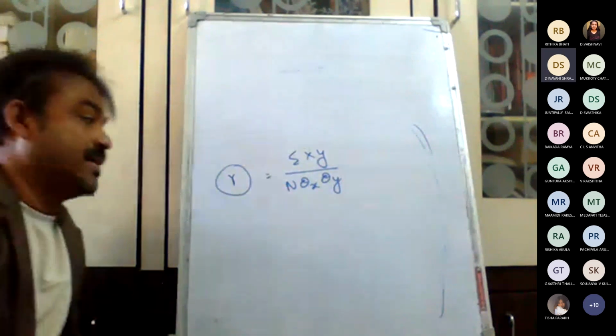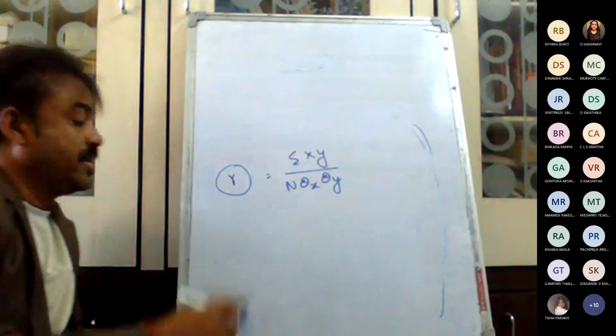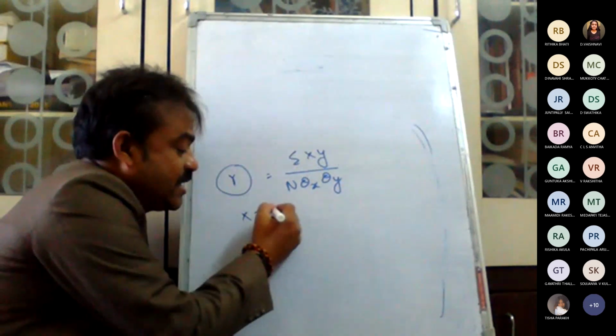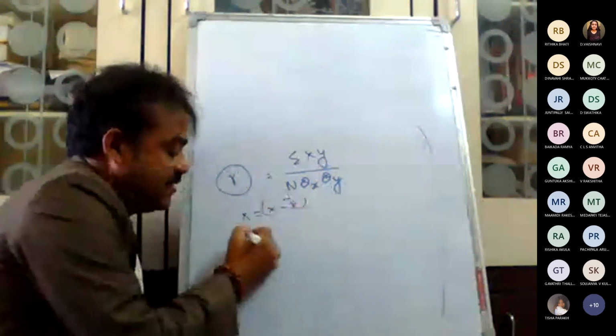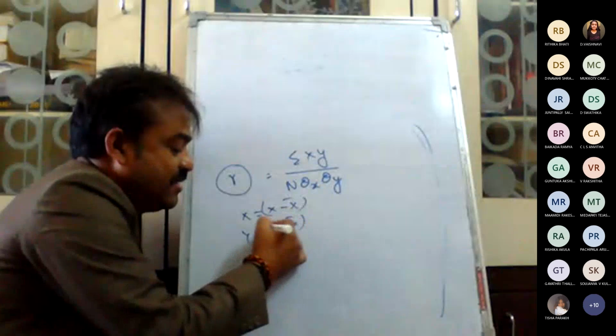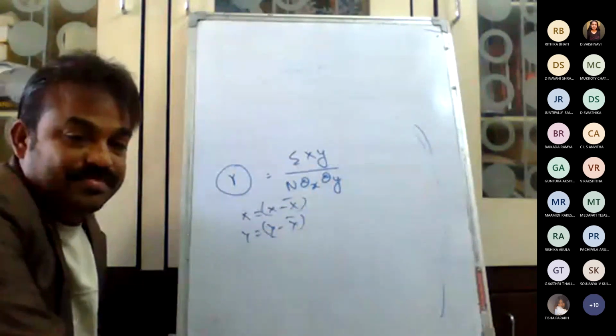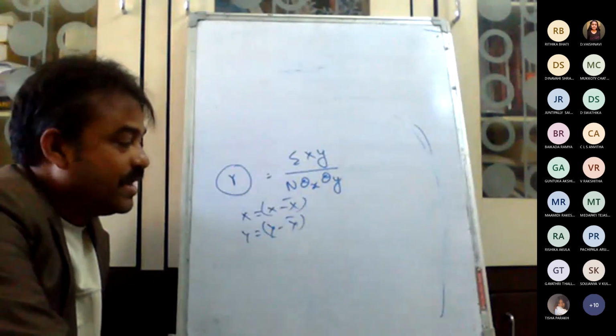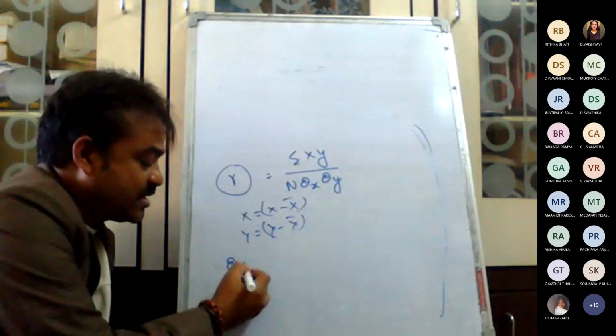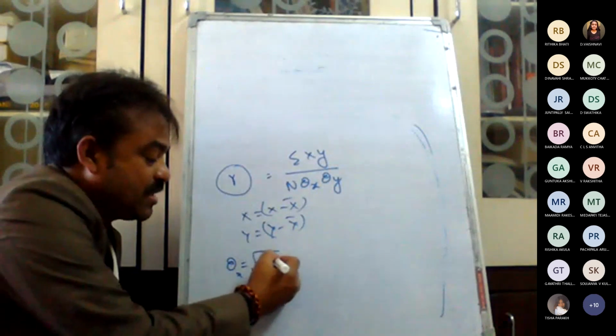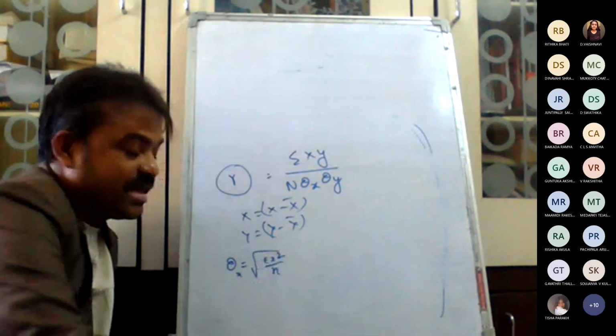One more important thing here. Small x is equal to x minus arithmetic mean, and small y is equal to y minus arithmetic mean. Standard deviation you know. What is the formula? Standard deviation of x is equal to root of sigma x square divided by n. Correct?